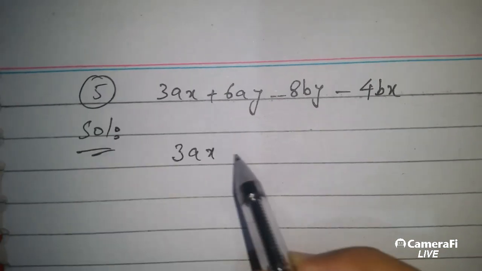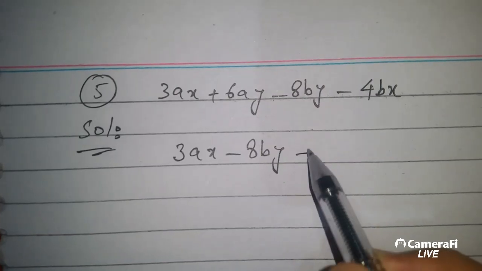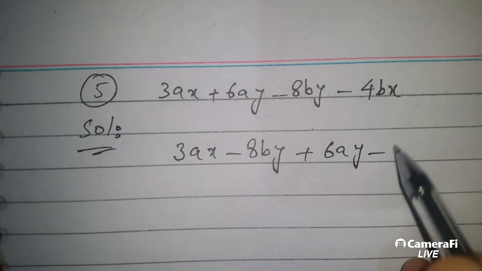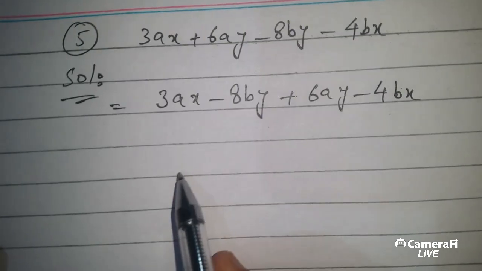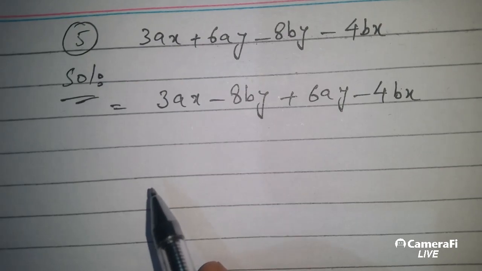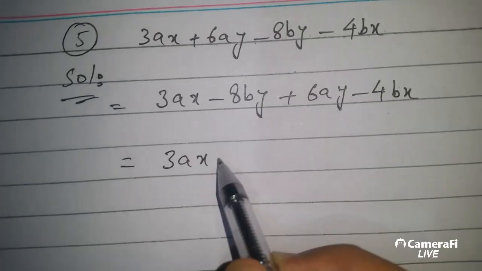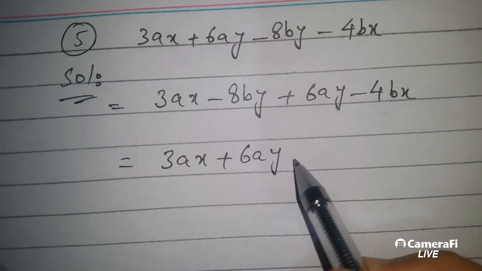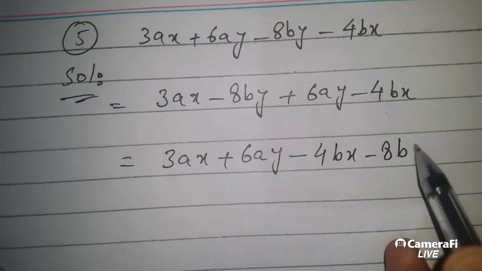Here the first term with the third term and the second term with the fourth term. 3ax plus 6ay minus 4bx minus 8by.